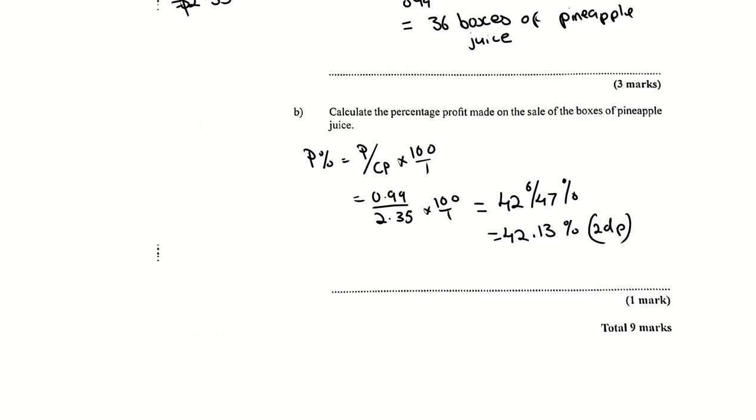Alright, and that would be your answer. Whichever one should be correct. Right, and that is it for number 1 and how you would do number 1 for January 2025.